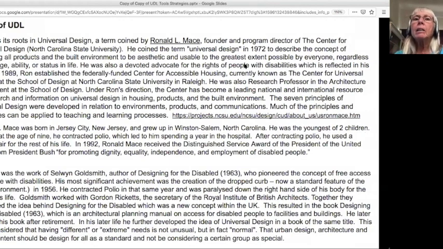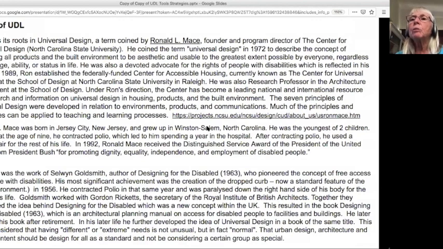And then it was further codified in architecture and building in order to make buildings more accessible by businesses, because they began to realize that not everyone is equally gifted physically.